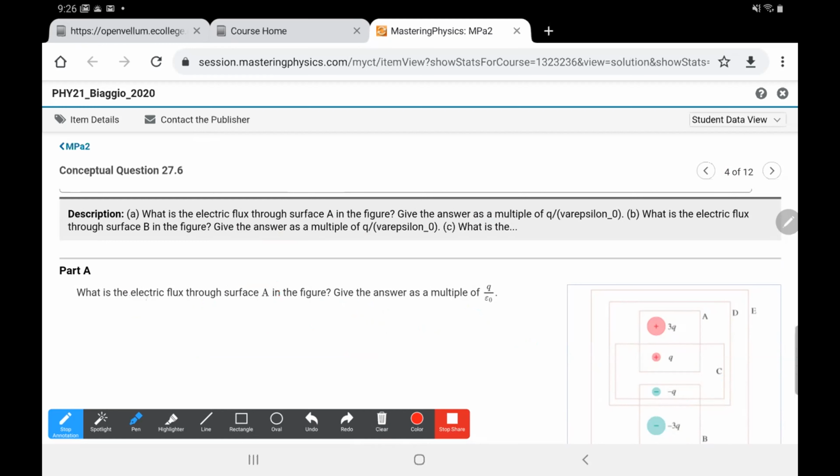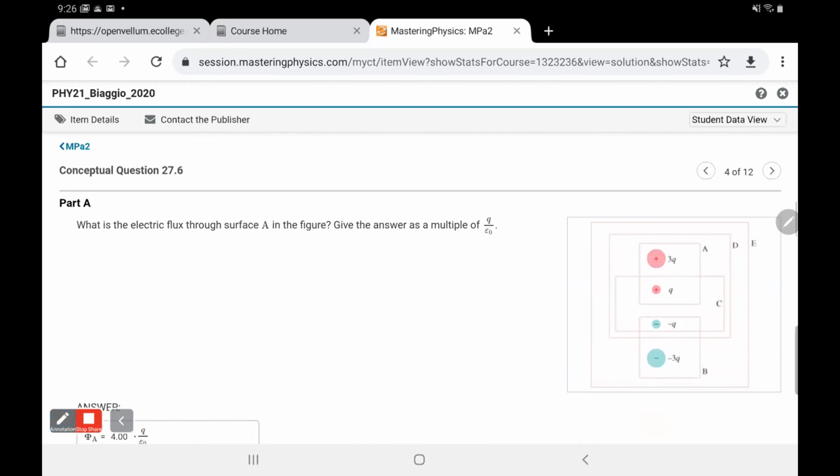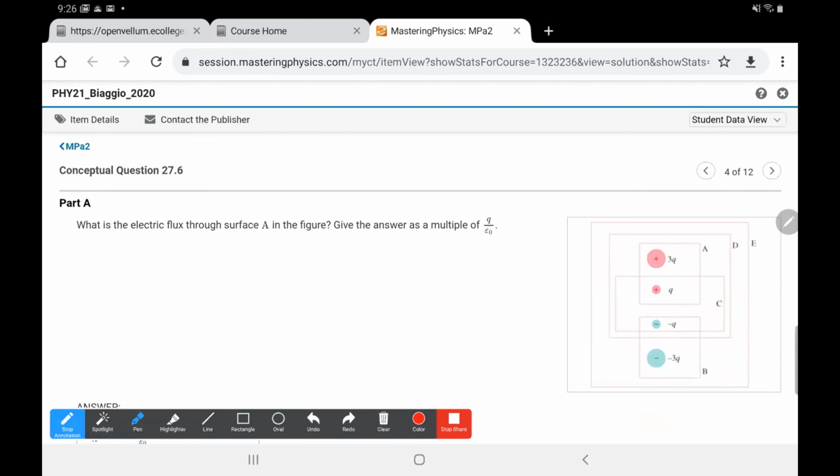Here, the surface B. Oh, this is better. Okay. For the surface B, it includes two charges. The two charges have different values, and the flux of surface B will be the total charge inside, that will be minus Q minus 3Q over epsilon naught.